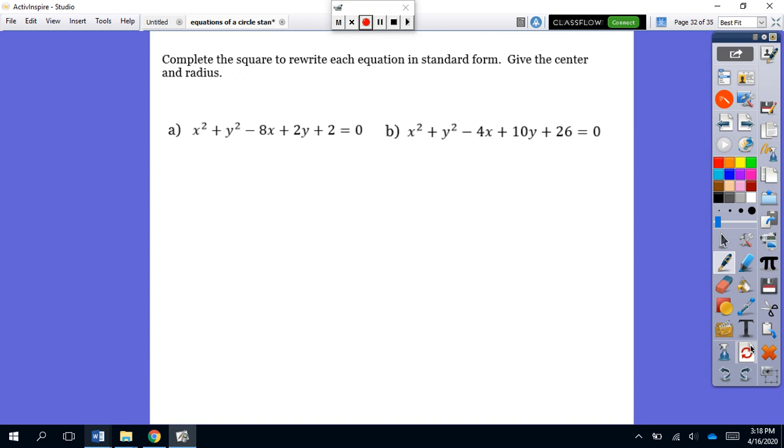All right, step 1, make my parentheses. I'm moving this to the other side.